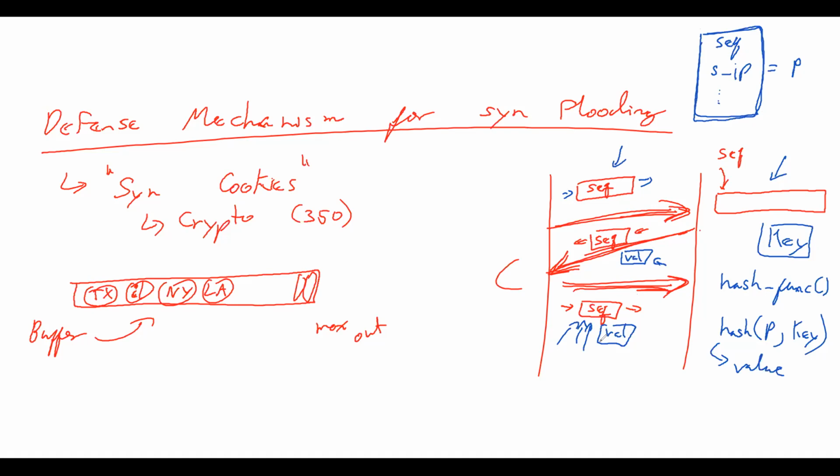So you still end up with the sequence and the source IP. You recalculate P, the profile, with the key. It gives you a new value, compared to the old value. You compare both old and new, and if it checks out, you know that it's that person. The packet you saw initially in the SYN packet is the same one you're seeing now in the last packet, and that should check out.